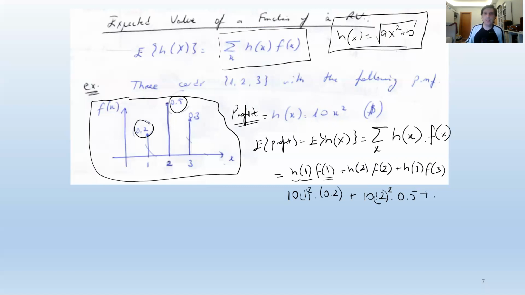And the last one is 10 times 3 to the power 2 multiplied by 0.3. And if you do the whole calculation, I think the result is going to be equal to 49. So this means the expected value from this game, the expected profit for this game, is going to be equal to 49.